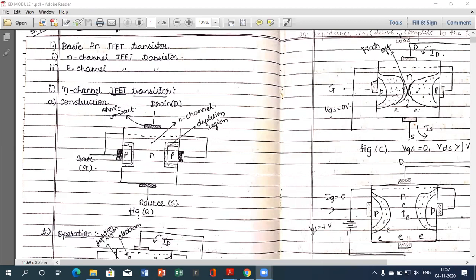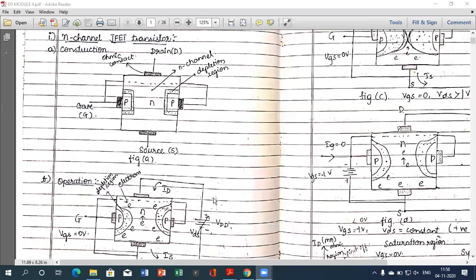Now we'll move on to the operation. Once it is constructed, we will discuss how this N-channel JFET causes current through the channel, what conditions are required to make the current flow, and for what condition it gives us the maximum current.